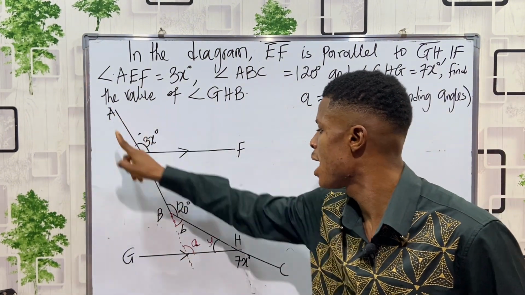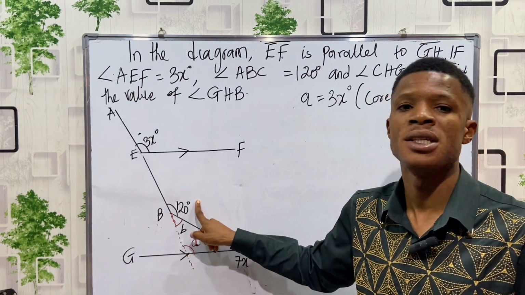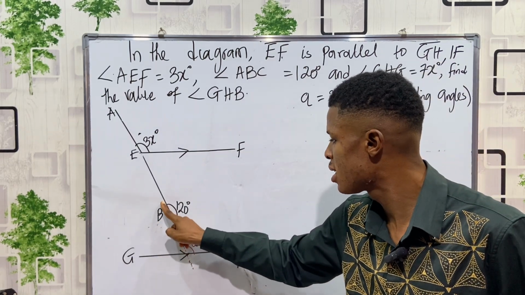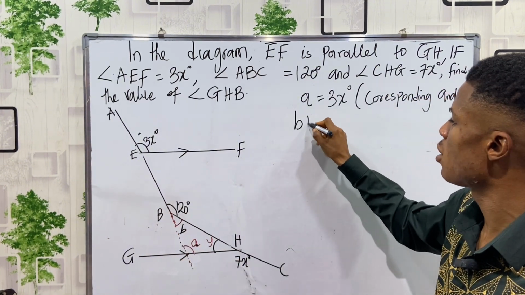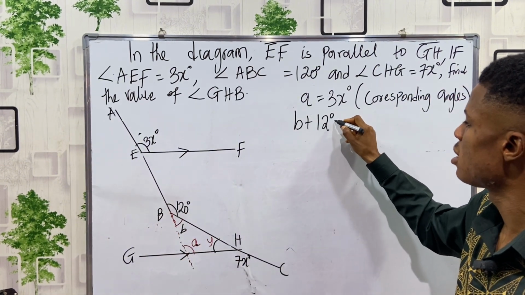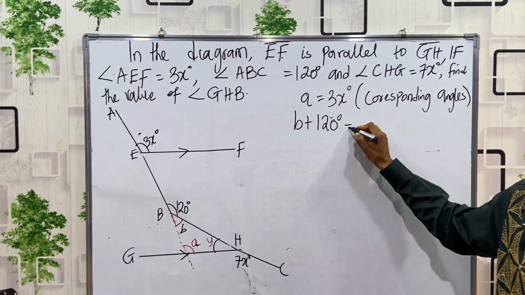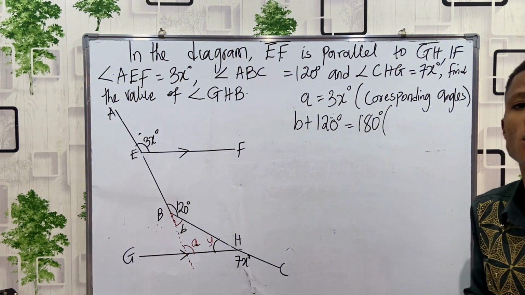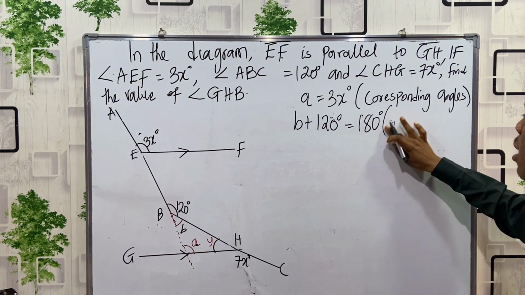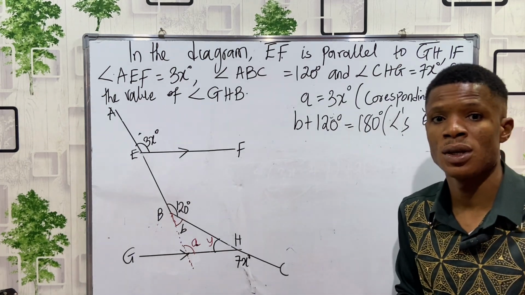Similarly, looking at the transversal BC, it can help us find the angle here, because the angle at ABH is already given to be 120 degrees. Since this is a straight line, when you add B plus 120 degrees, it should equal 180 degrees, because these are angles on a straight line.